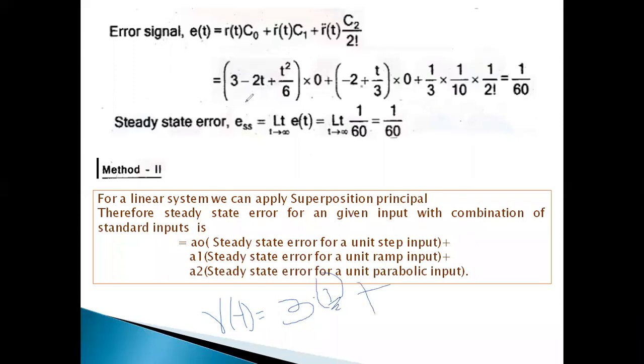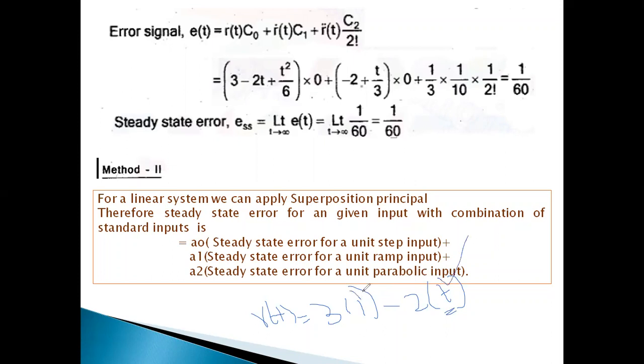The next one is minus 2. R of t is equal to 3 into unit step input, minus 2 into t, which is nothing but unit ramp input. This is step input. Next one is t square by 2, that is parabolic input.